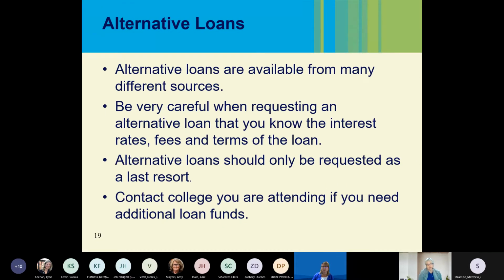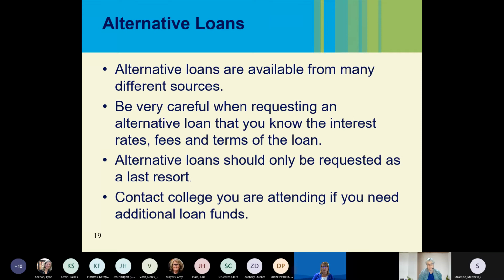After that, there are alternative loans that are available. These are generally from private lenders. The Minnesota Office of Higher Education does offer a loan where the student is the borrower, and they are required to have a cosigner. So a lot of times parents will cosign on that loan for their student.